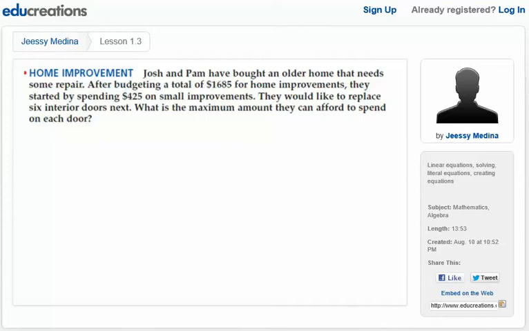Well, the variable here, the unknown, right, which we can call whatever we want, D, C, K, M, not sure what you would want to call it, but let's say x is going to be the cost of each door. Right? And we know we have 6 doors.